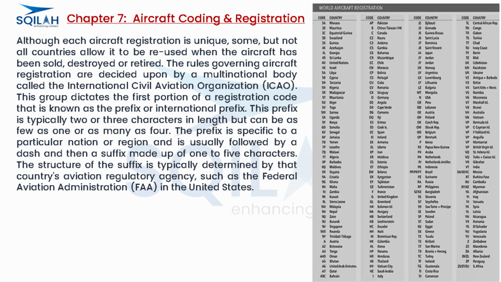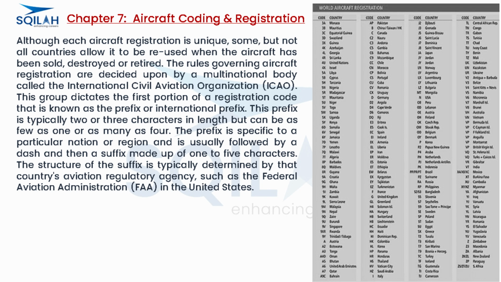Although each aircraft registration is unique, some, but not all countries allow it to be reused when the aircraft has been sold, destroyed, or retired. The rules governing aircraft registration are decided upon by a multinational body called the International Civil Aviation Organization, ICAO.